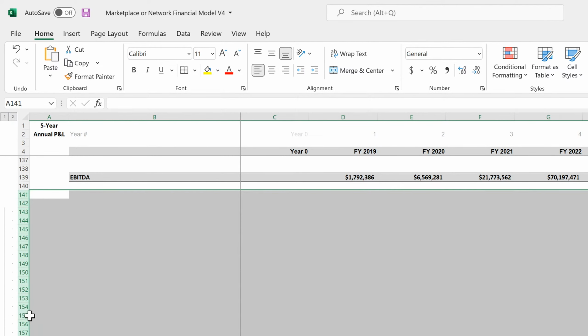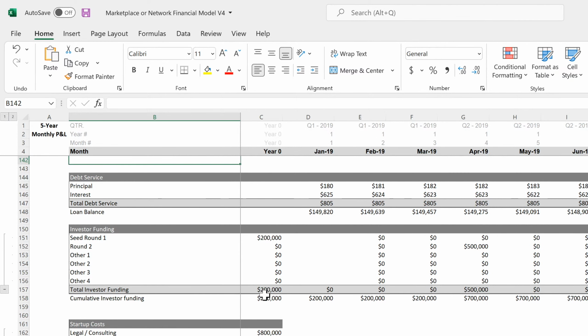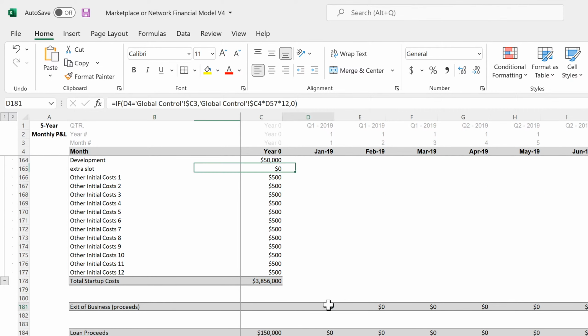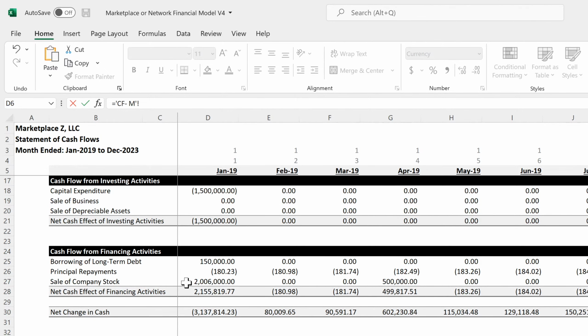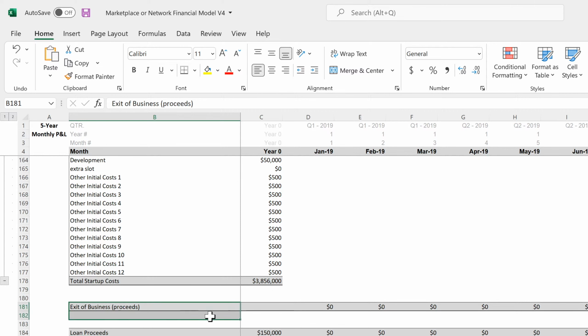And then let's add, so we've got debt service, we've got investor funding, exit of the business. So now we're not going to do this calculation that's in here. We're just going to take the cash flow amount and we're going to go sale of business and then also sale of depreciable assets.